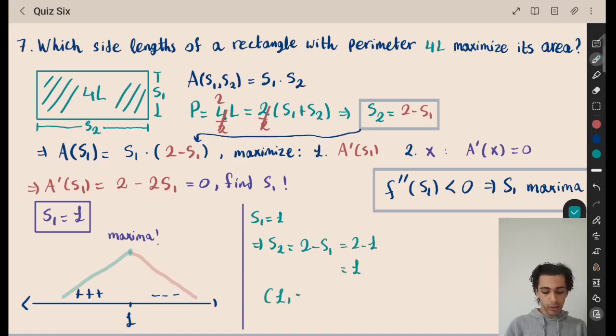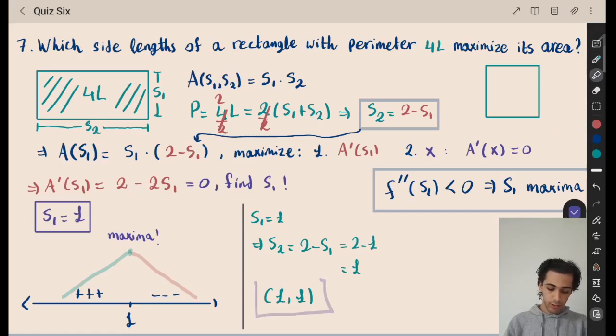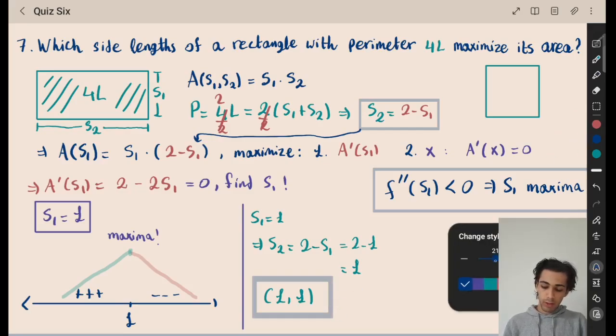So our pair is 1 and 1. And in that case, it's actually a square which maximizes the area of the rectangle. This is what I was hinting at in the beginning. So this is the answer to the rectangle area optimization problem.